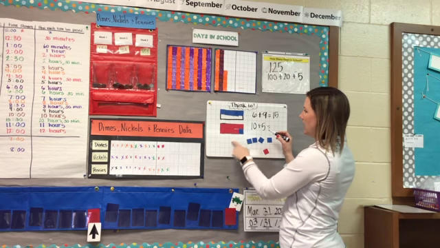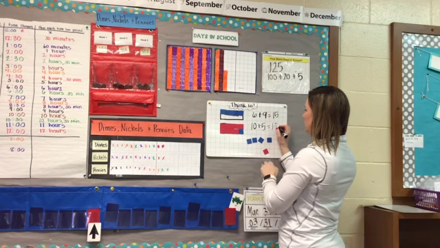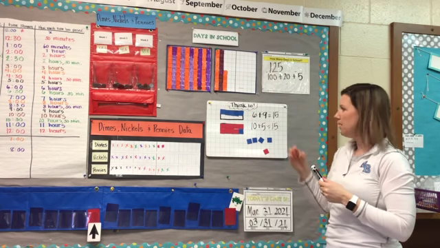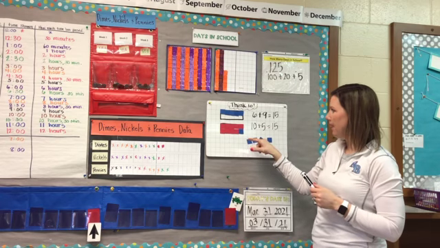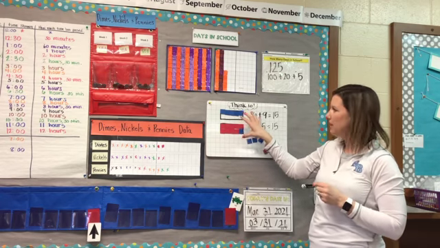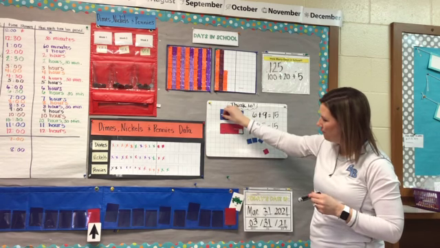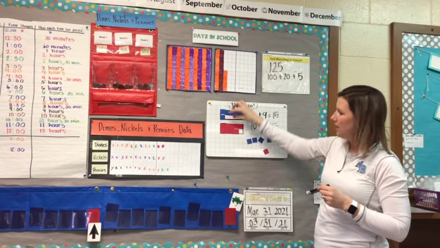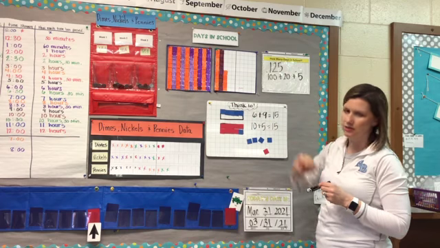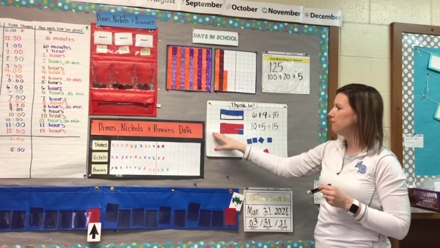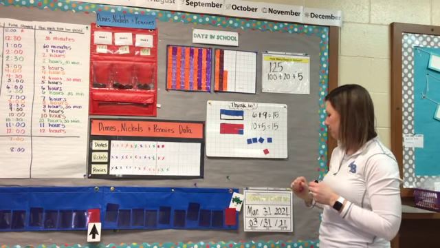Now I can say 6 plus 9 is the same as 10 plus 5. And that was much quicker to just make that quick 10. That's when you're making a 10. You're just finishing a 10 frame and then adding what's left over.